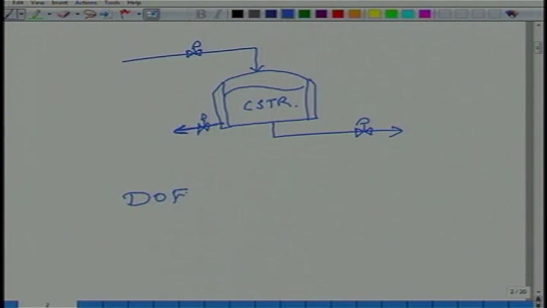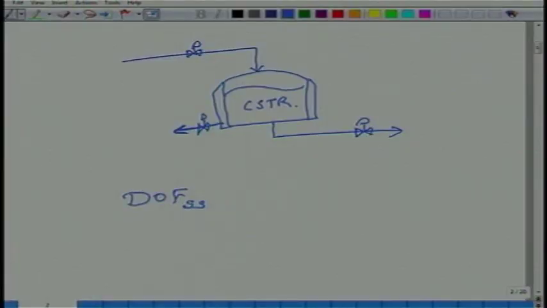DOF steady state, how many do I have to put in a level controller? Do I have to put in a level controller? Yes or no? Will the liquid level in the CSTR regulate itself? Is it self regulatory? I have to control it, right.